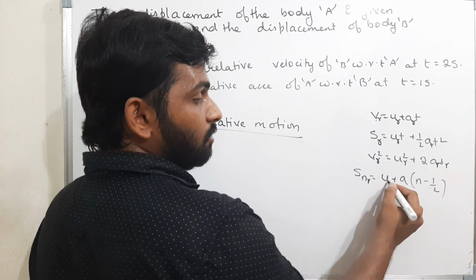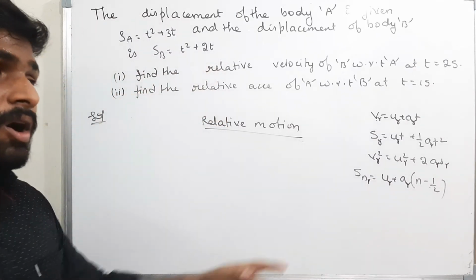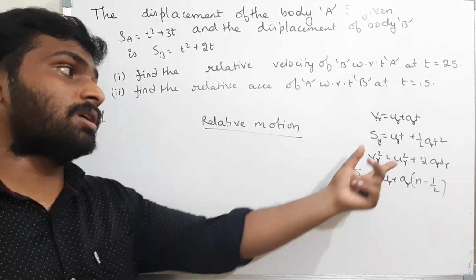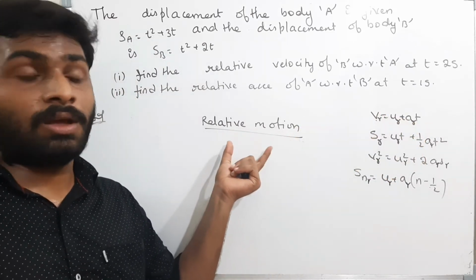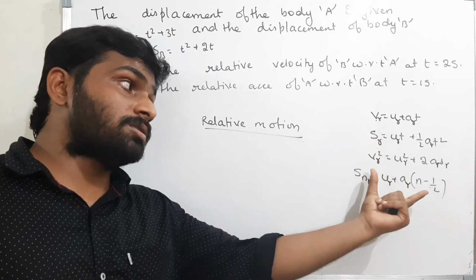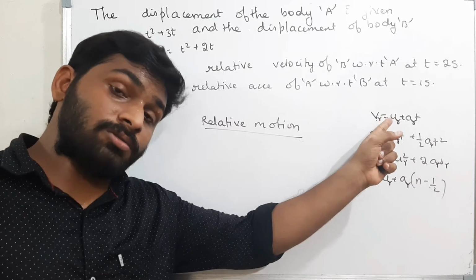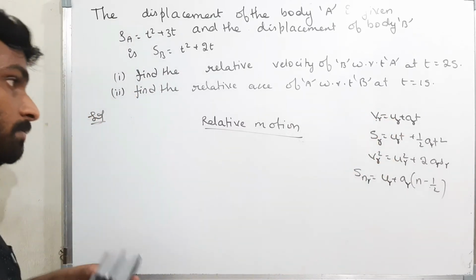Sn relative is equal to initial relative velocity plus relative acceleration into n minus 1 by 2. That means I can use all these four formulas even in relative motion. Observe carefully. Please be careful. We will solve few problems in this. Okay, now see here.